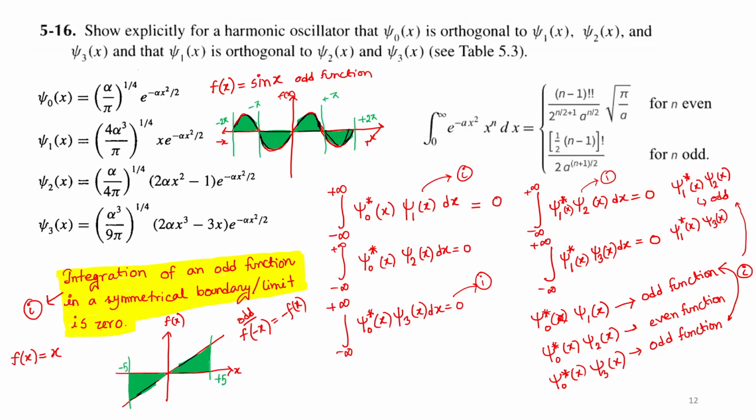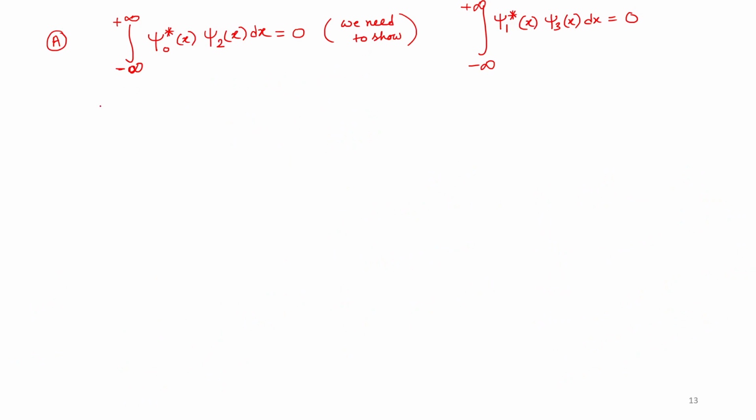Psi 0 is (alpha by pi) to the power 1 by 4. So as they are even functions, we can also write it like 2 into 0 to infinity, right? Because minus infinity to 0 and 0 to infinity, as they are even functions, even if I take it minus x, it will become plus x, right? So that is one way of saying.